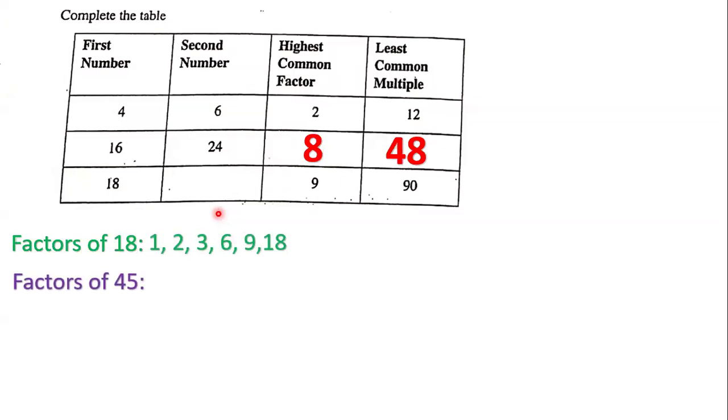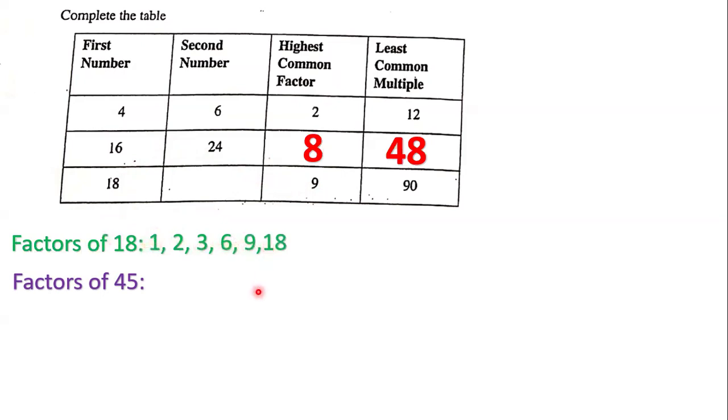So that's our guess, and we're going to test whether it is the right one. Whatever number we're testing, we have to see if its highest common factor with 18 is 9. Let's list the factors of 18: 1, 2, 3, 6, 9, and 18.